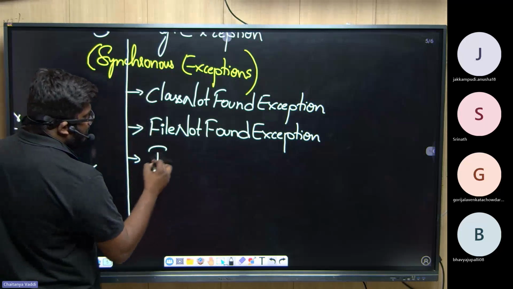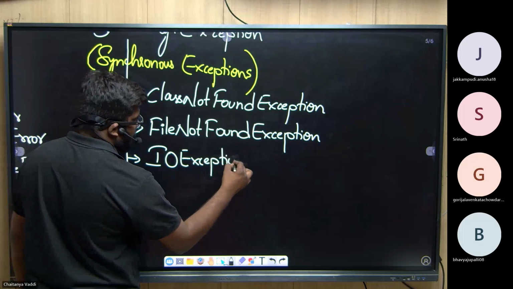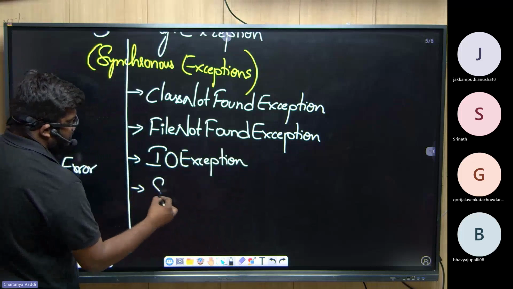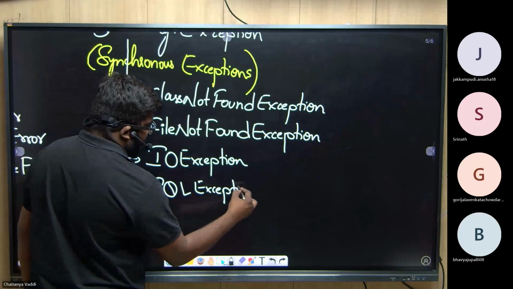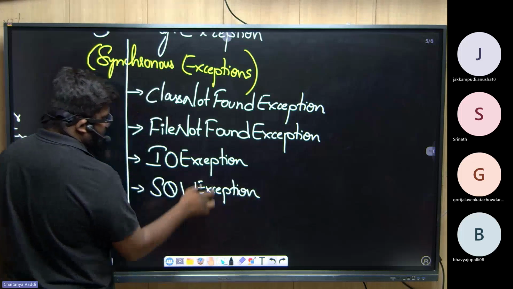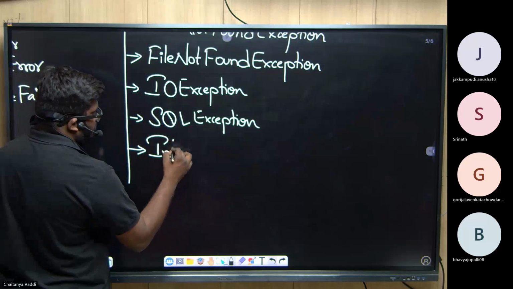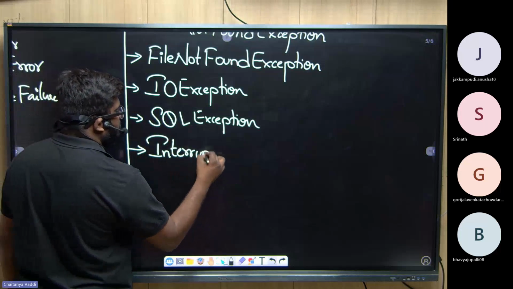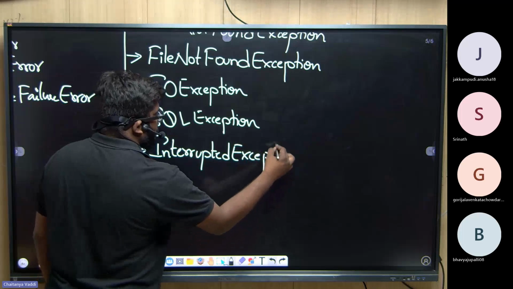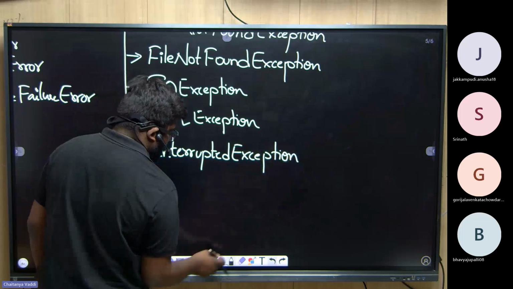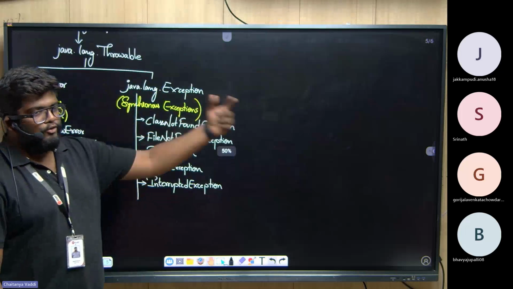Okay. There is IOException. There is something called SQLException. There is something called InterruptedException. And all these exceptions are the exceptions that we are going to interact or deal with in the future.